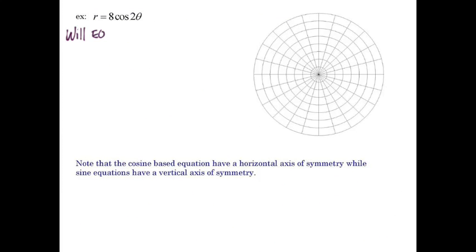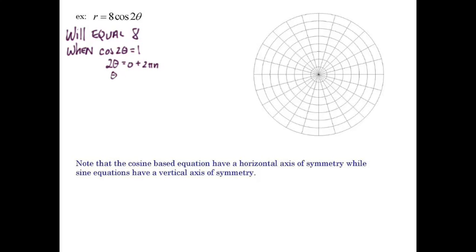Alright, here's one more. And if I think about when this is going to be the largest, well, it's the largest when cosine, the largest value of cosine you can ever have, is 1. And so when cosine of 2 theta is 1, then I'm going to be able to get 8. And so when theta is 0, you get a cosine value of 1.